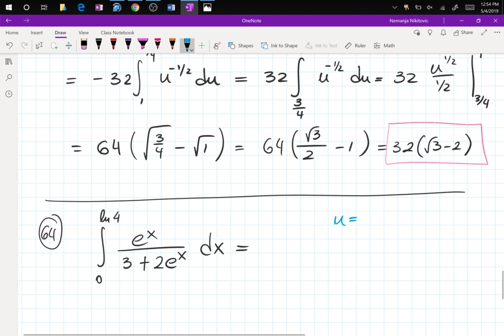What's u? If we put the entire denominator as u, then what happens? Yes, so du is just 2e to the x dx. I don't have a 2, but we can fix that easily.